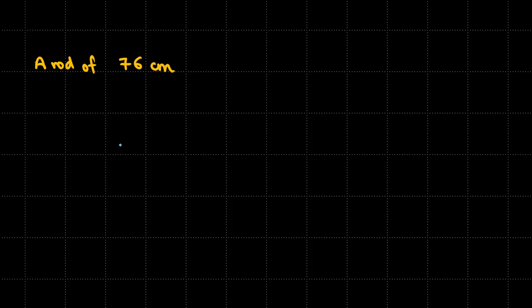Then we would say 7 is certain, we are sure of 7. Let's say 976 centimeter. Finally the 6 will be uncertain, since it could be 6, it could be something else, if the least count is 1 centimeter. So this will be our conclusion.